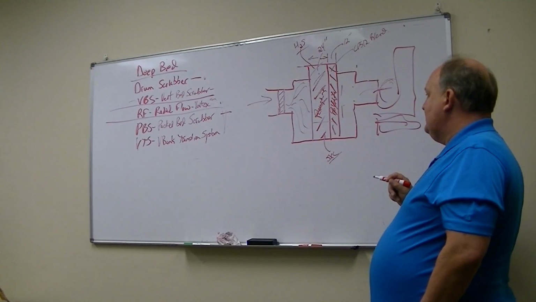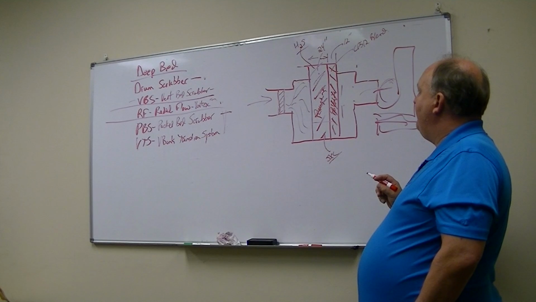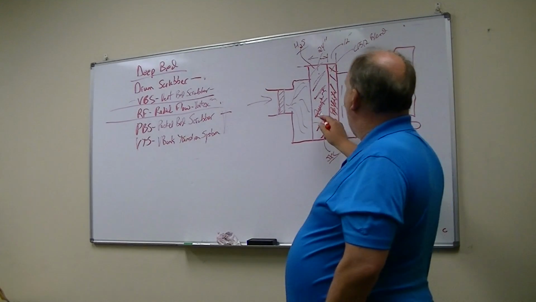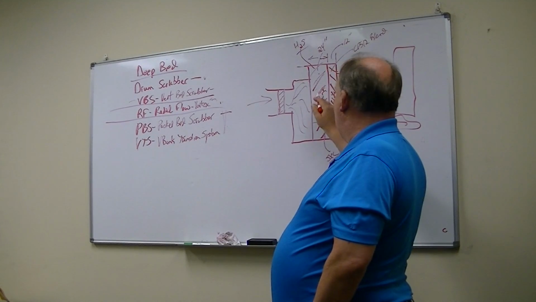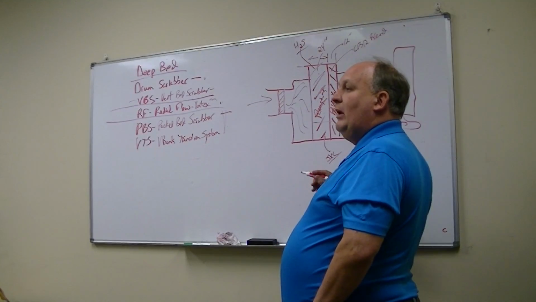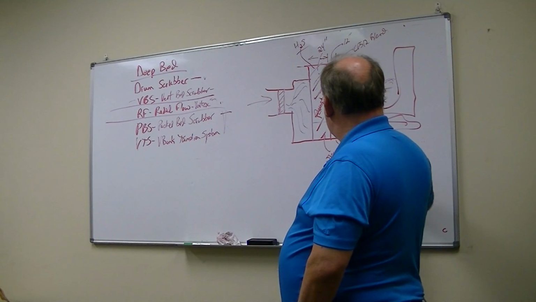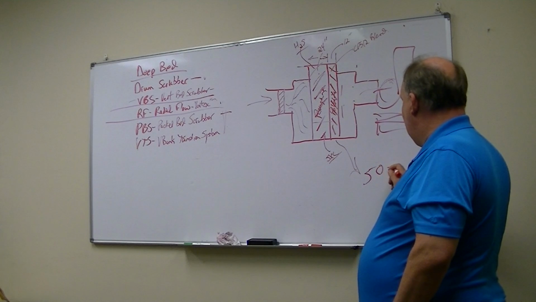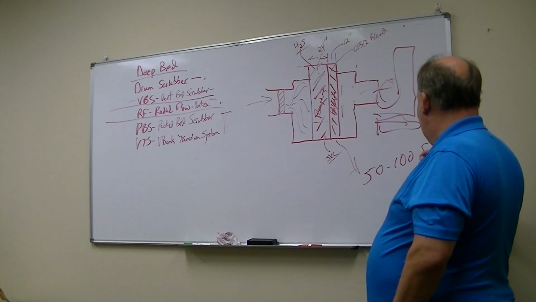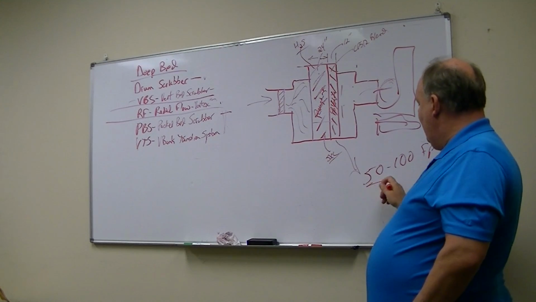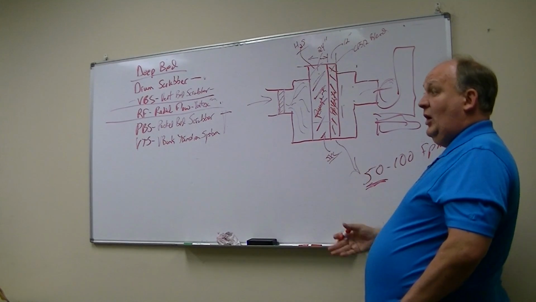But there's kind of a maximum pressure drop through a deep bed of adsorbent media, and it's basically 100 feet per minute. So this airflow is typically anywhere from 50 to 100 feet per minute of velocity. We typically go with 50 because it has the lowest pressure drop.